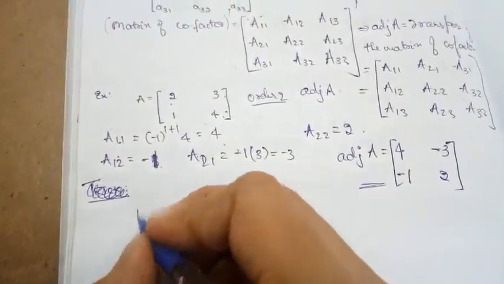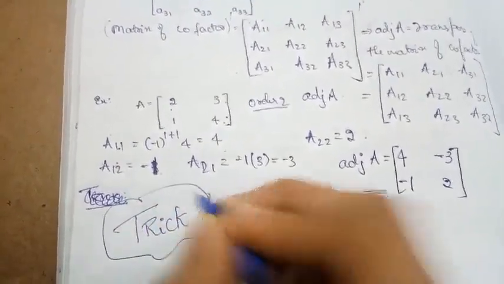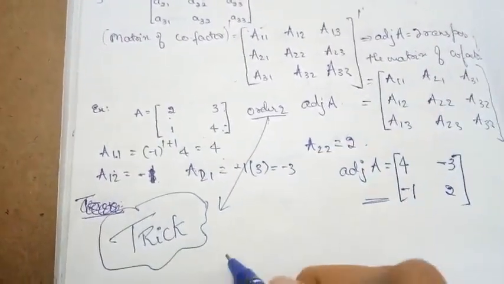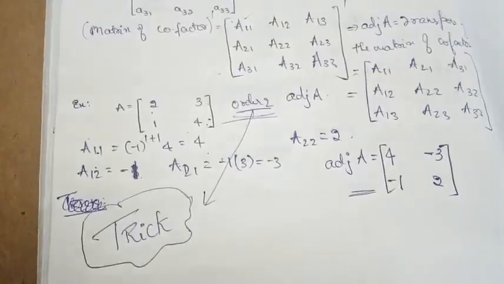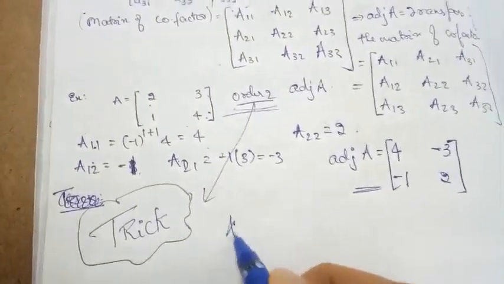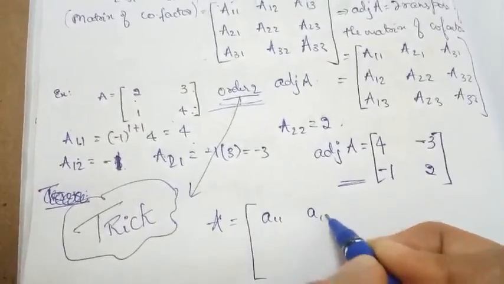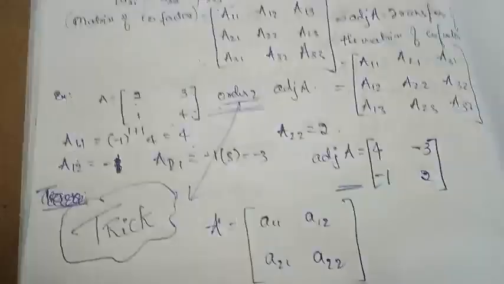Here there is one beautiful trick when it comes to finding the adjoint of order 2. It is a trick only for a matrix of order 2. Suppose I consider a matrix A with the elements a11, a12, a21, a22.